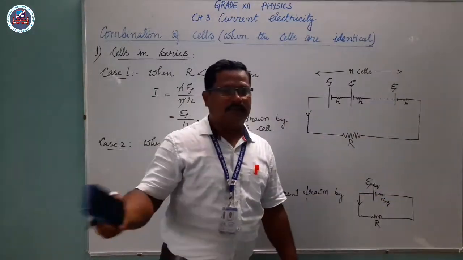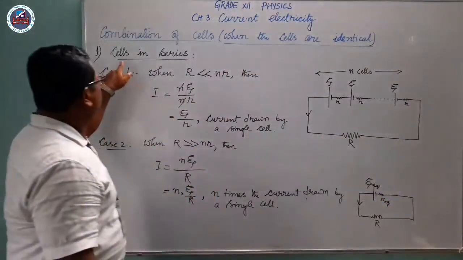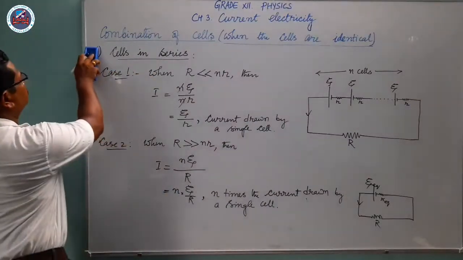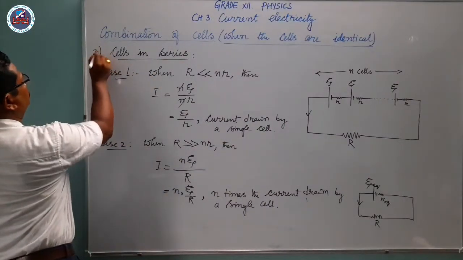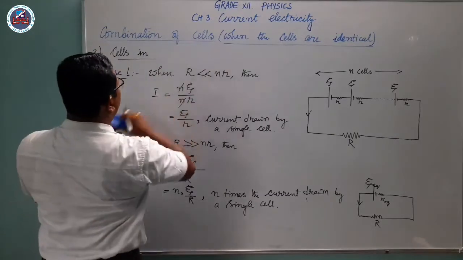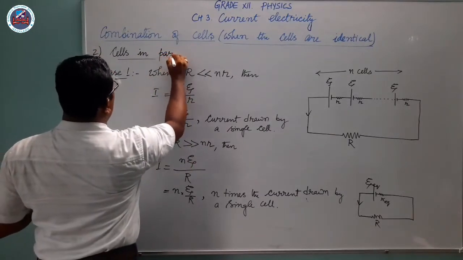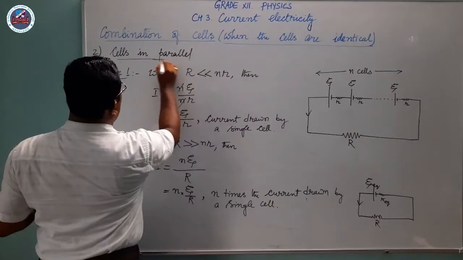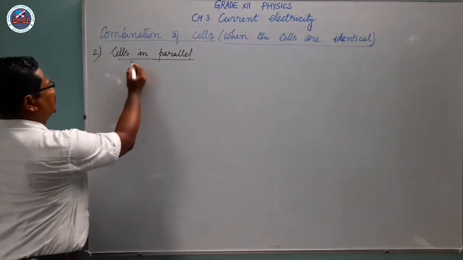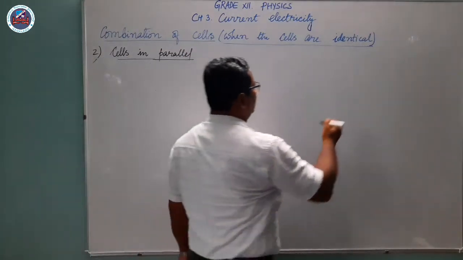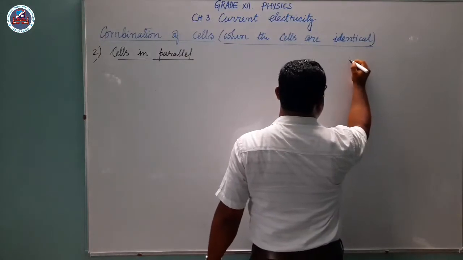Now let us see the second topic, that is cells in parallel. This type of connection is cells in parallel. Here also I am taking a number of cells.